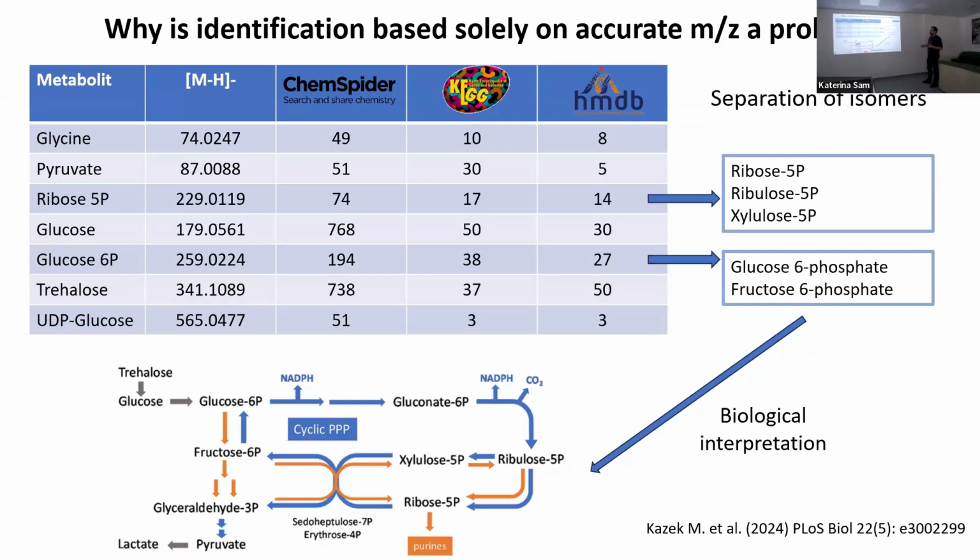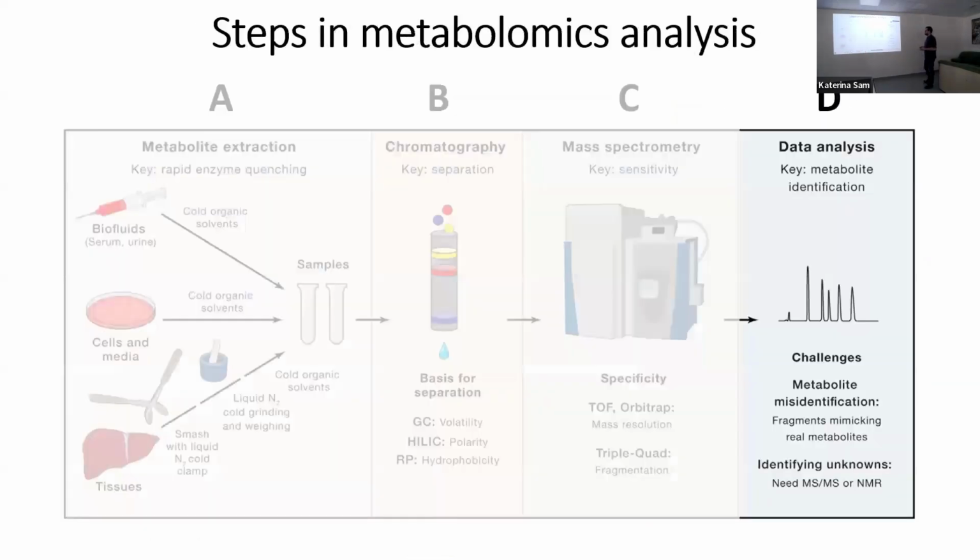But if we have, I don't know, the mass of glucose 6-phosphate, we have 194 matches in this database, this many matches in KEGG, and this many in the Human Metabolome Database. And it's impossible to say, yes, I have glucose 6-phosphate. I need the authentic standards.